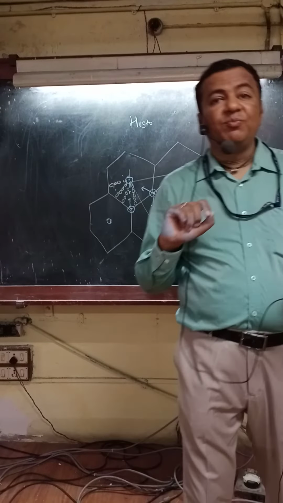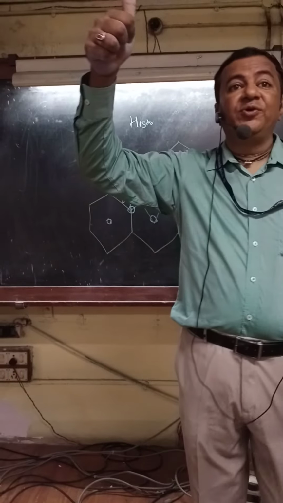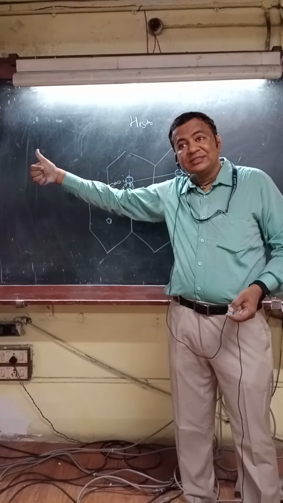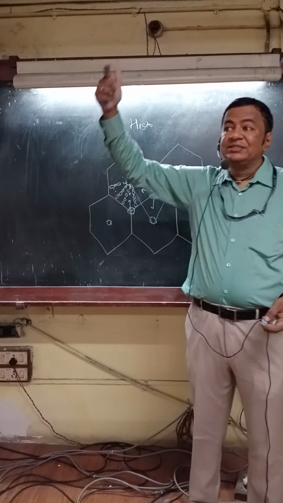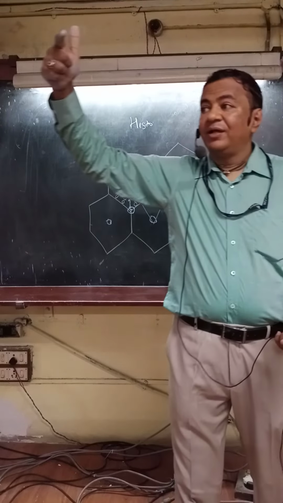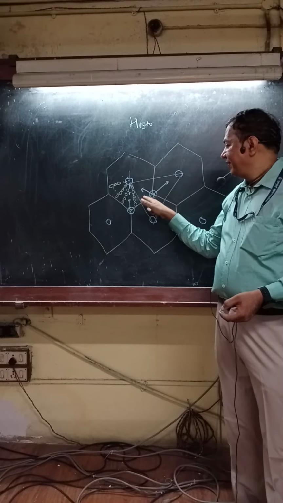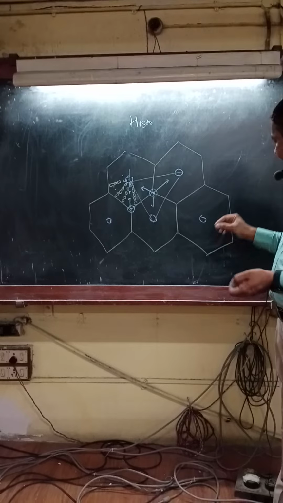Hepatic lobule is the area drained by a central vein. Portal lobule is the area supplied by a portal vein. Okay? Am I clear?